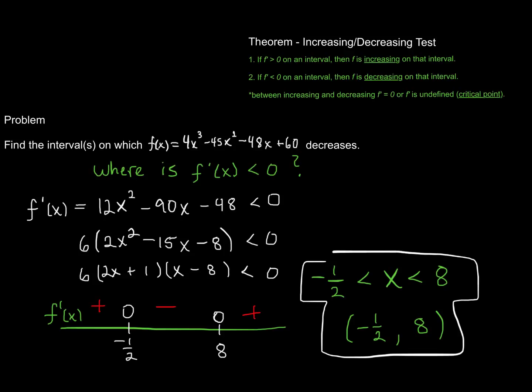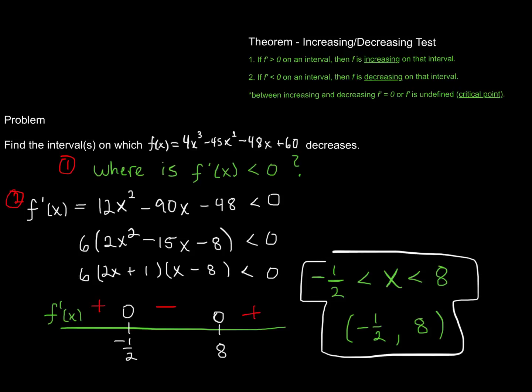So there are a couple of key points here to take with you, and I'll label the steps here. First thing you want to do is rephrase your question. What is it that you're looking for? If you're looking for where it's decreasing, you're looking for the derivative less than 0, increasing where it's greater than 0. Then you obviously want to find your derivative and set it equal to, or less than or greater than, 0.